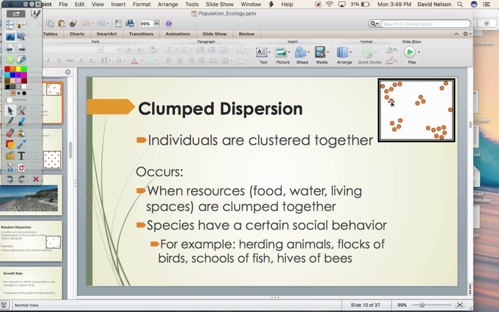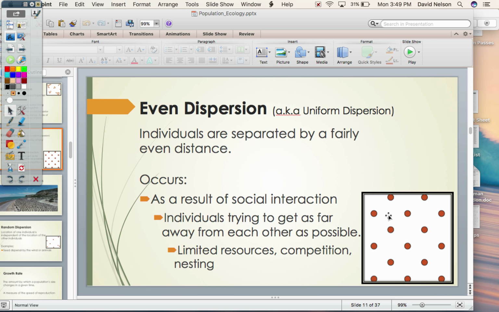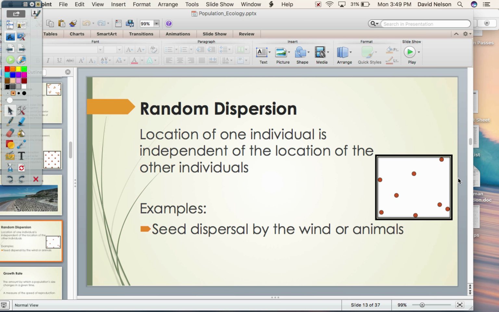One individual is going to make sure it stays with its clump, so its location is dependent upon the others. And even each one of these individuals wants to be as far apart away from the others as it can be, so its location is dependent upon where these other guys are to make sure they stay far apart. With random, it's independent. They don't care where the other organisms are.